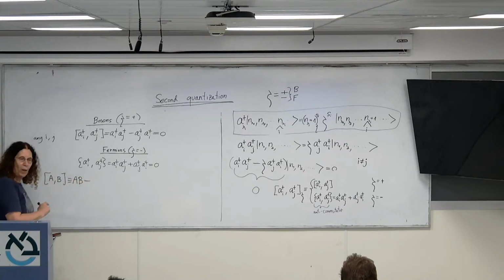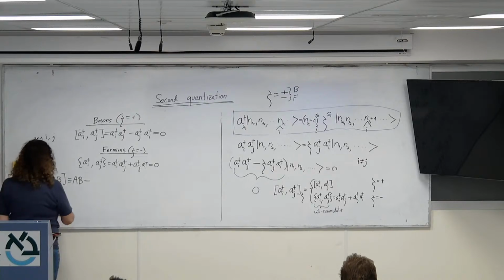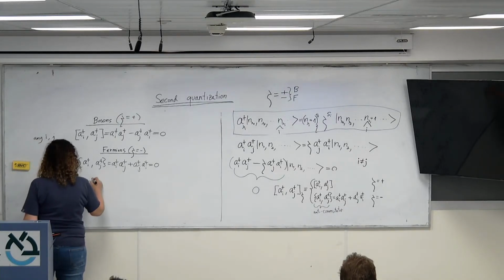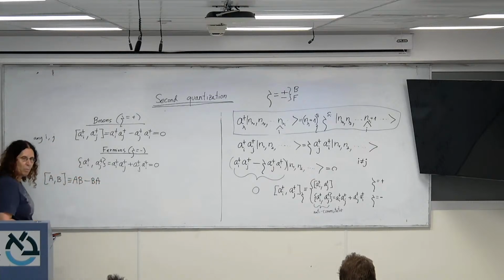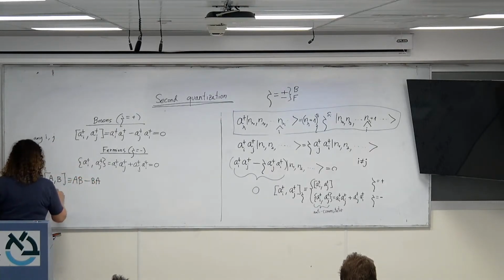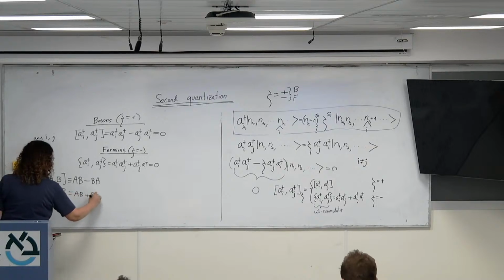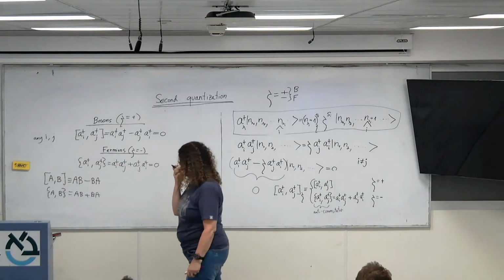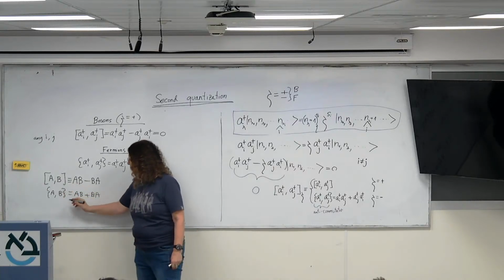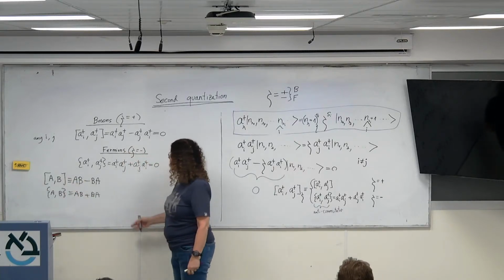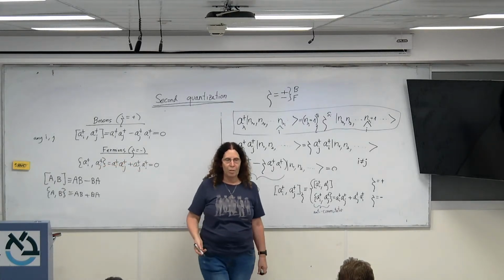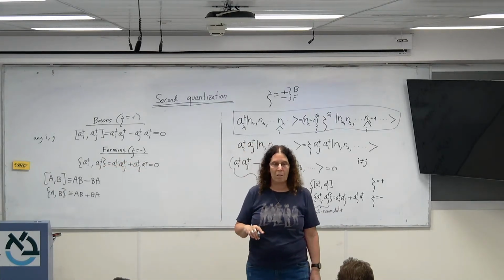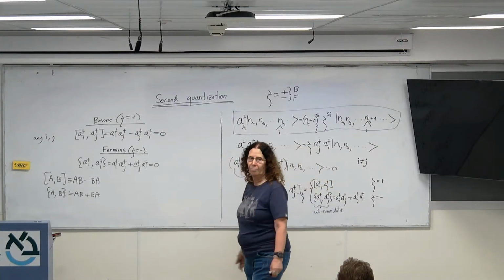So if you have two operators, now this is a general thing, two operators A and B, a commutator is AB minus BA, an anti-commutator is AB plus BA. And both are non-trivial relations, okay? This is a definition for any A and B, but in the case that they are creation operators of fermions or bosons, it gives you 0, okay?